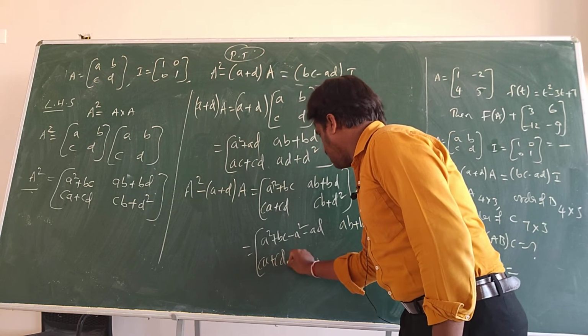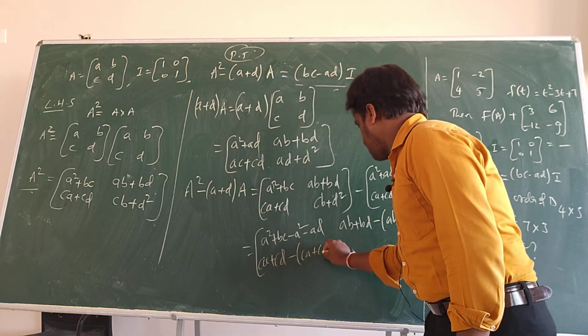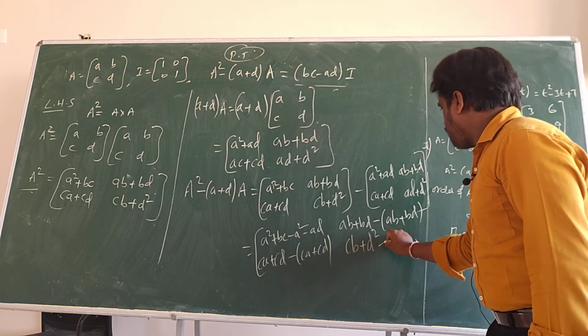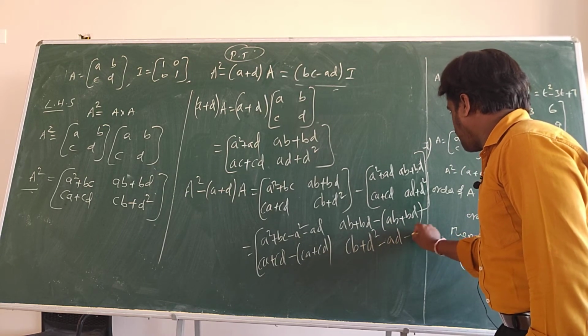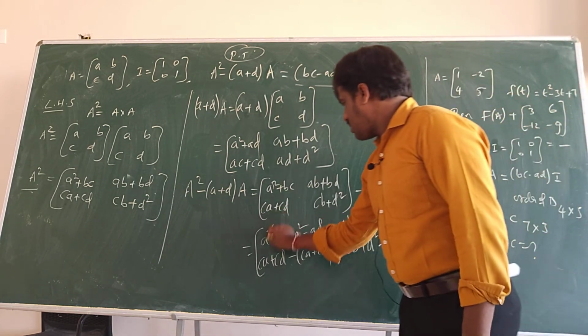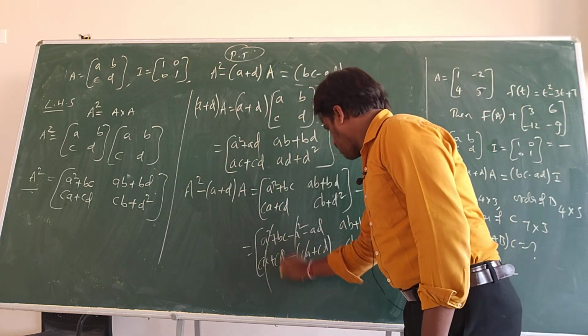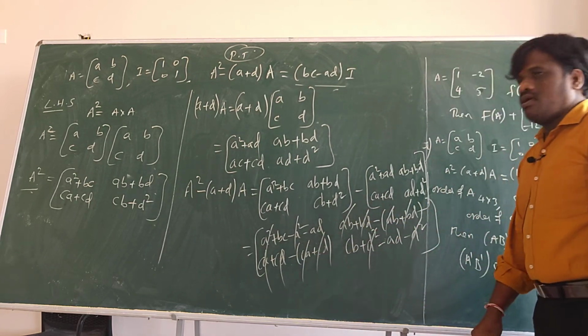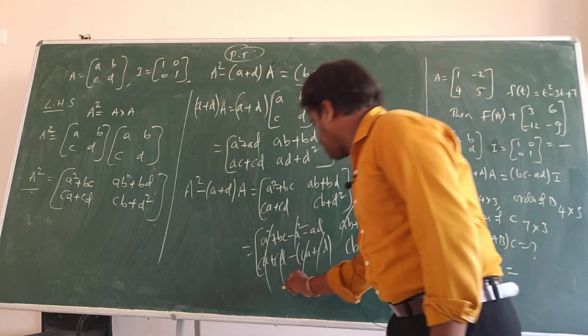CA plus CD minus CA plus CD. CB plus D square minus AD minus D square. Right? Okay. So what is left here?